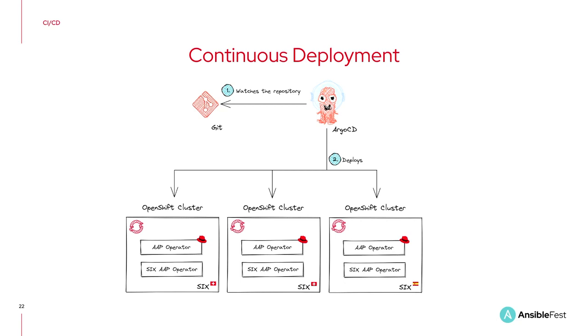In our case, we rely on Kustomize, which comes by default with the Operator SDK when you create the Ansible operator. And so we are deploying this on different clusters. As you can see, we are deploying not only the 6 operator, but the one from Red Hat as well. So everything from the code base in Switzerland, but also in Spain.